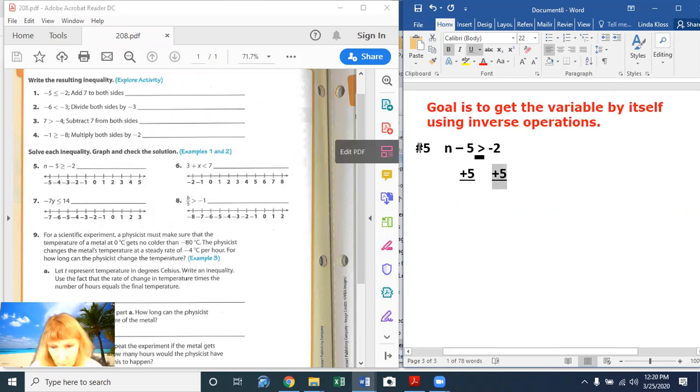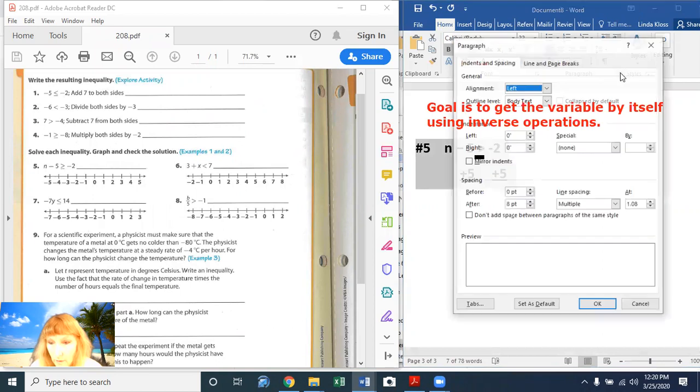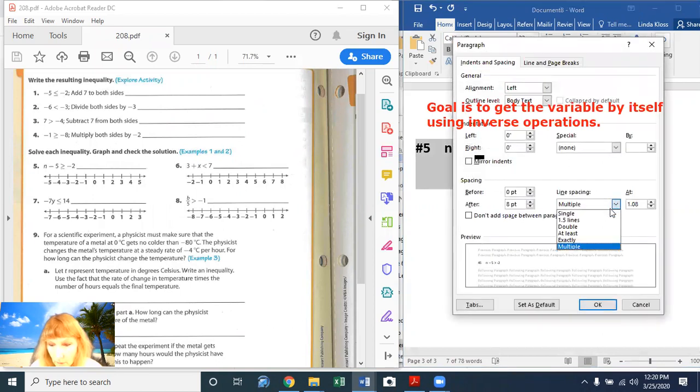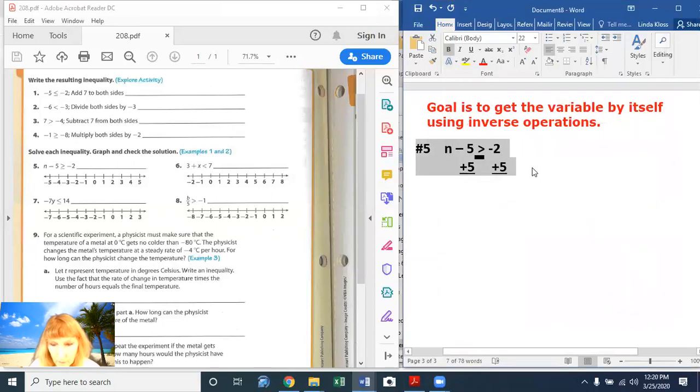And my spacing should probably be single spacing. There, that's better. So now I end up with n by itself, because -5 and +5 is just 0.